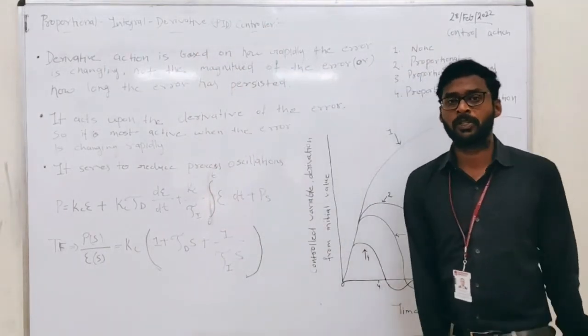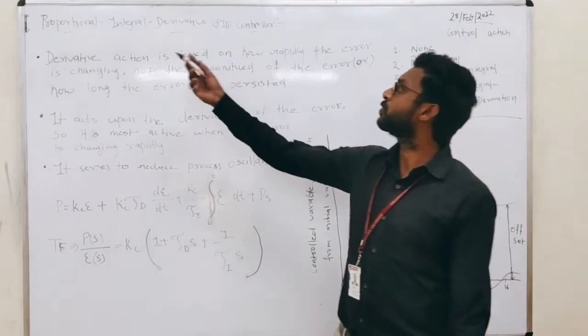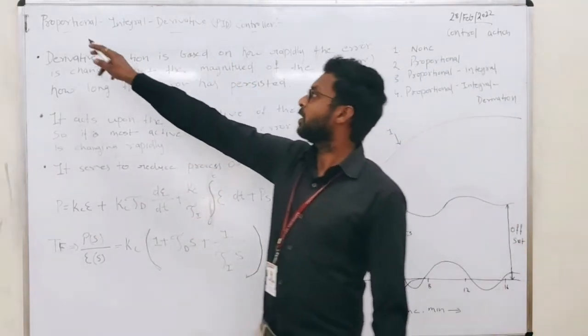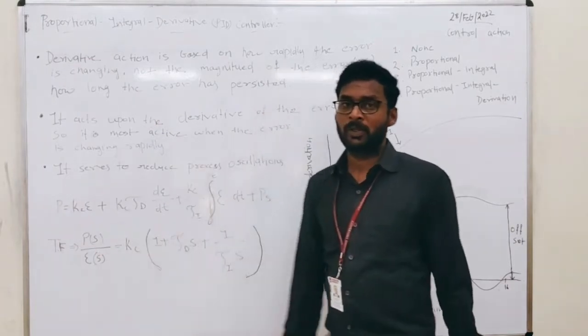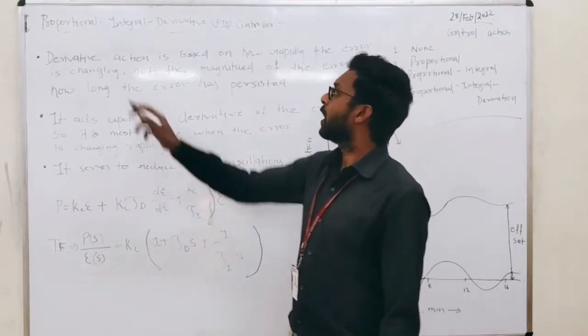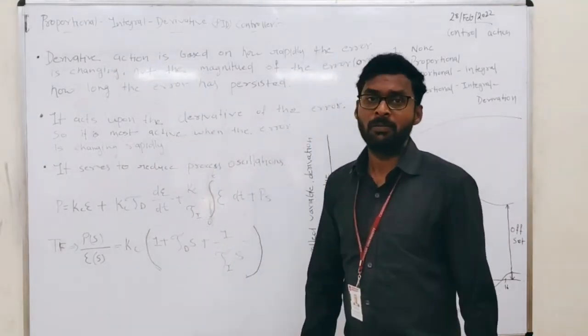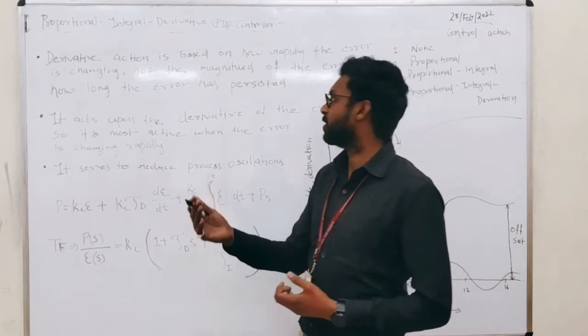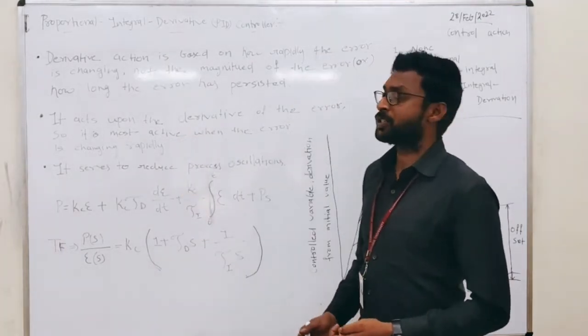So you may ask me the question, why do we have to use the PID controller? Because we already saw the proportional integral controller, where we removed the error as well as the residual error, and when we use the derivative controller, we remove the rapid changes or oscillations in the system.